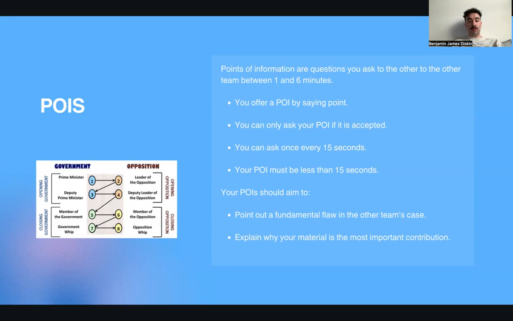The final important thing to note about how POIs work with respect to the rules is that they cannot be more than 15 seconds. So it would obviously be quite unfair if you took up 5 minutes of someone's speech by asking a very long-winded POI. So after 15 seconds, you as the person receiving the POI are entitled to say you're out of time and address their POI.